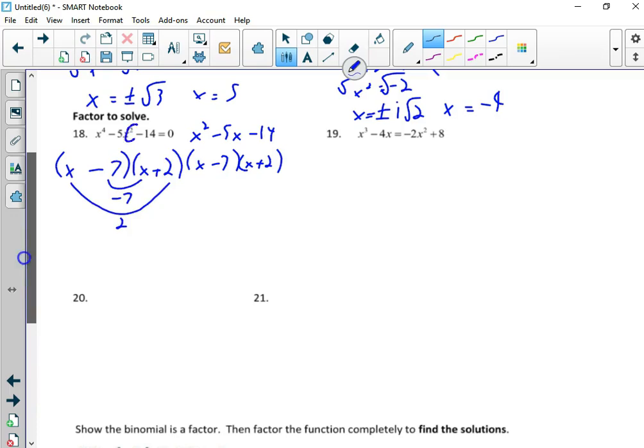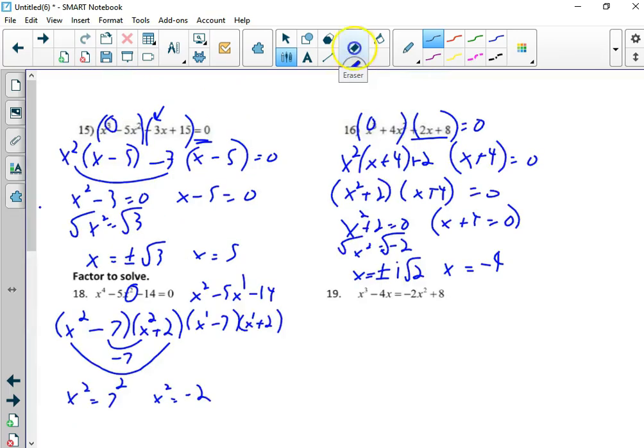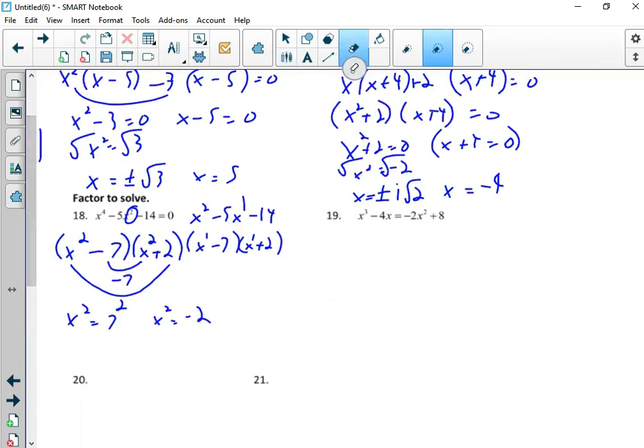Now, this is the middle term, which means these are both x squared, just like this was my middle term, and these are both x to the 1. That's the only difference. Now, since it is a solve, I'm going to say x squared equals positive 7, and x squared equals negative 2. I don't know why I said 7 squared. That was weird.